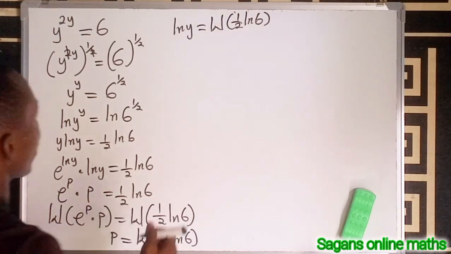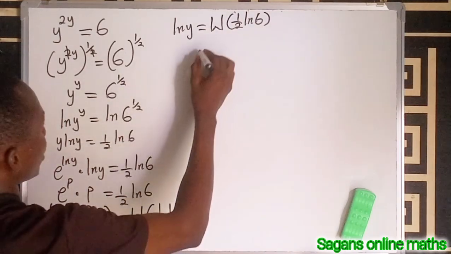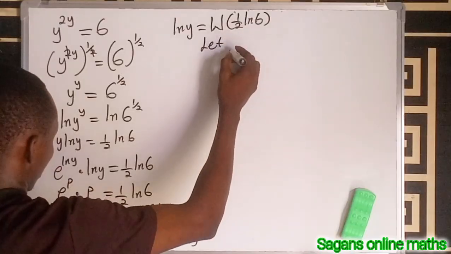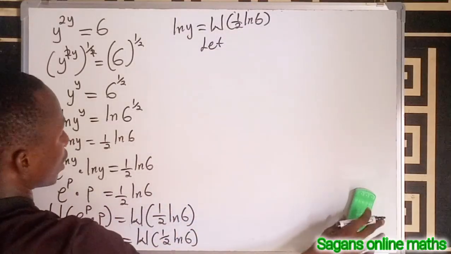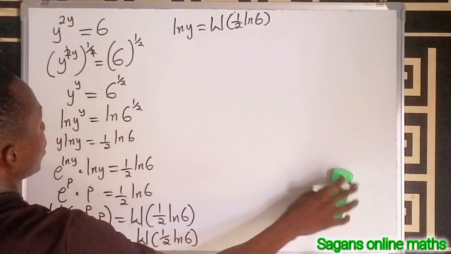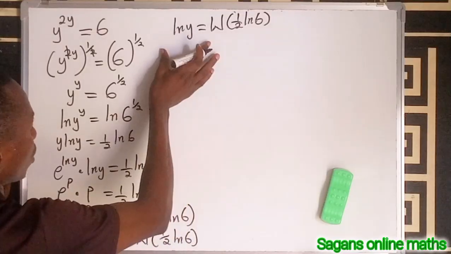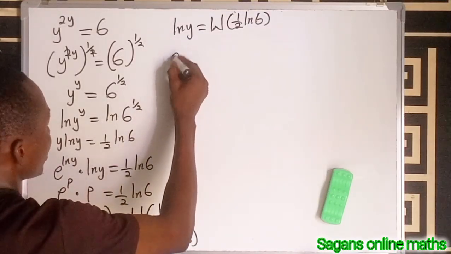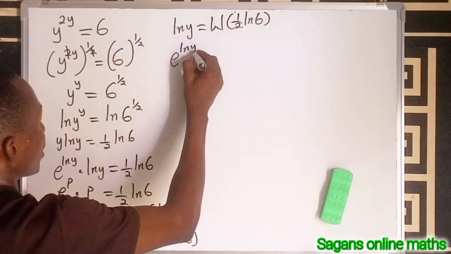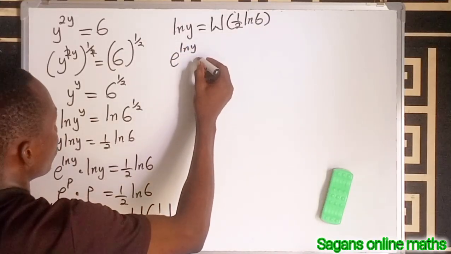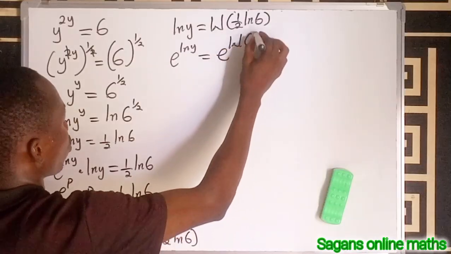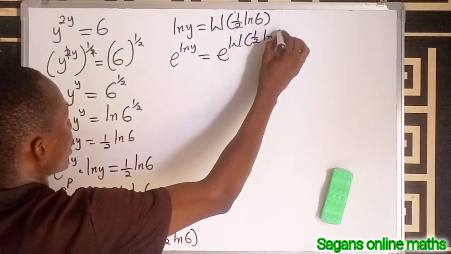Now, if you let me say from here, taking, do you know that there is nothing wrong by doing e raised to the power of ln y equals e raised to the power of the Lambert W function of 1 over 2 ln 6.